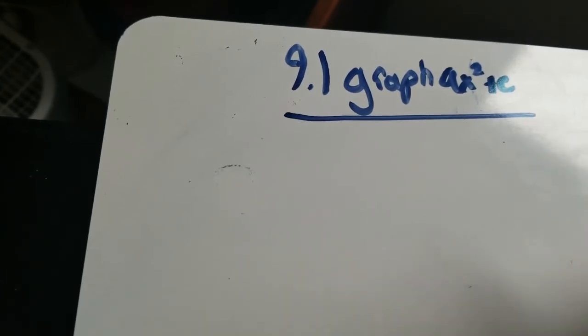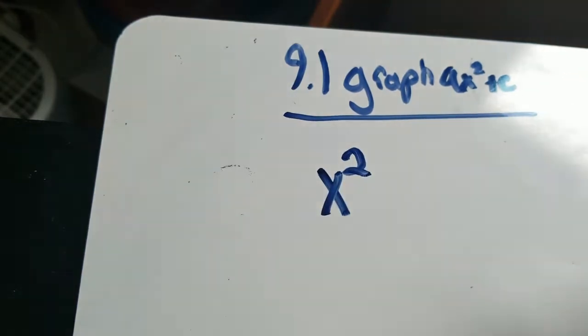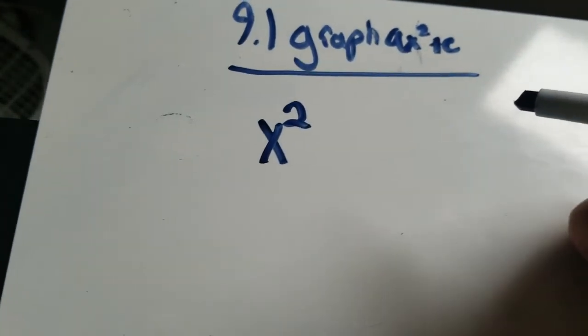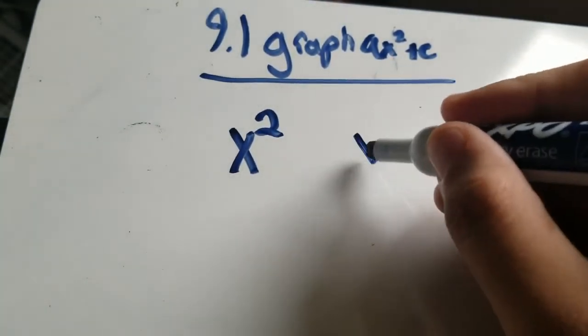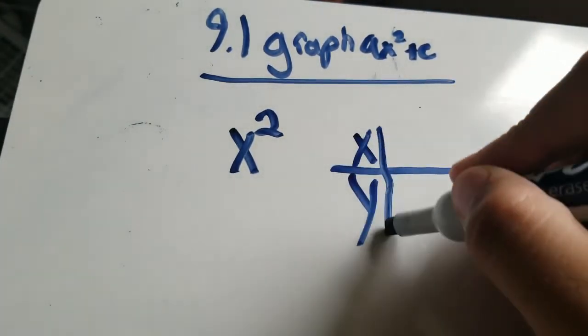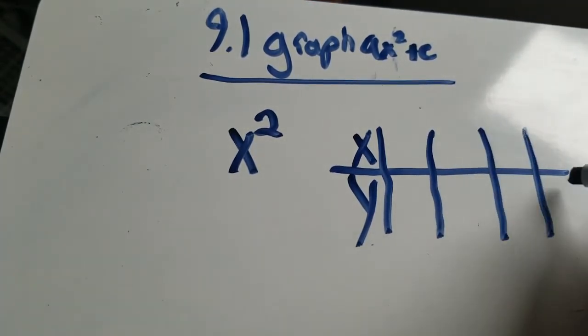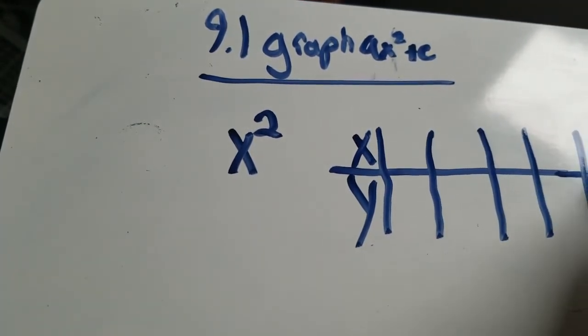So we're going to use a very basic example, which is just x squared. Now we're going to use our domain and range again. Because we're Algebra 1 CP, our domain will always be this, and pay attention to this right here.